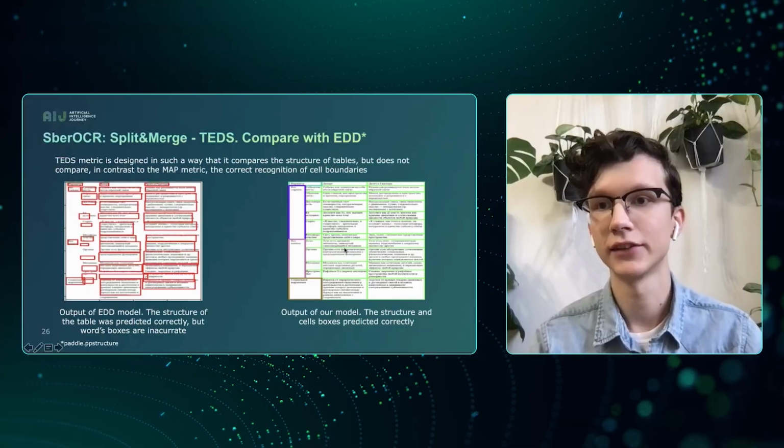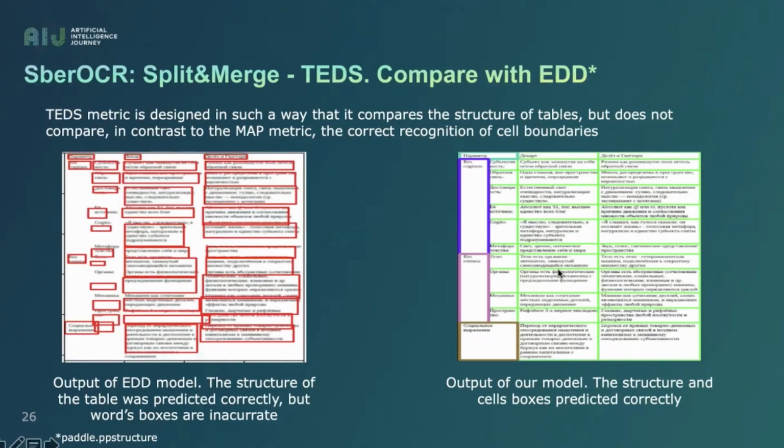But the TEDS metric has one aspect. Unlike mAP, it doesn't take resulting cell coordinates into account. So there can be a situation shown on the left.